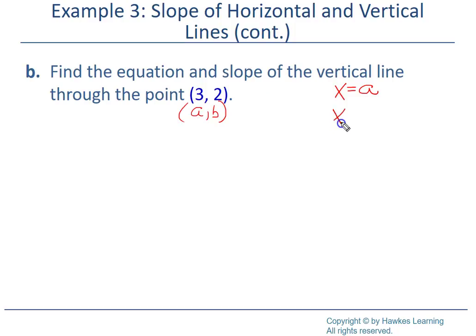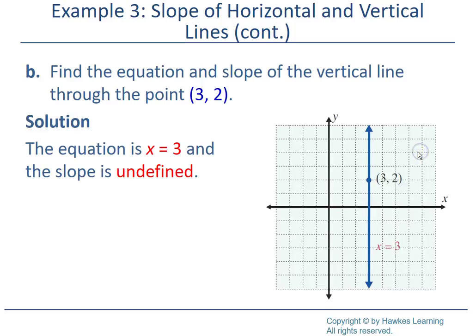So it's going to be x equals our a value, which is 3, and that's a vertical line going through 3. Pause as needed. And we didn't define the slope, but the slope of every vertical line is undefined.